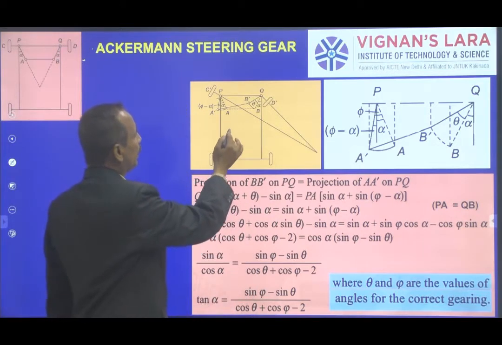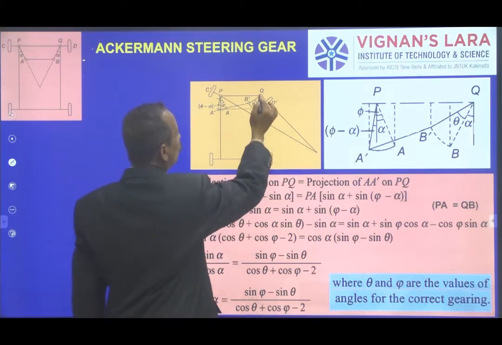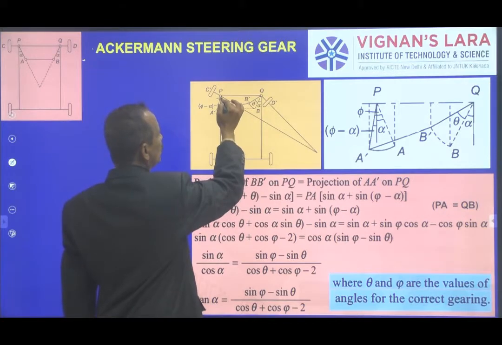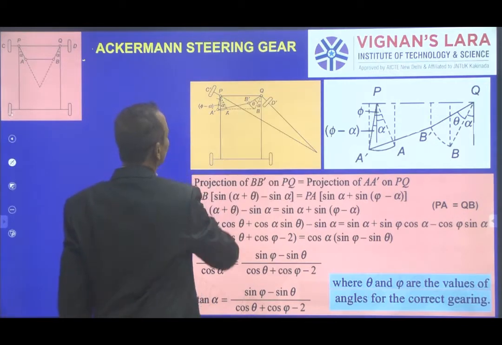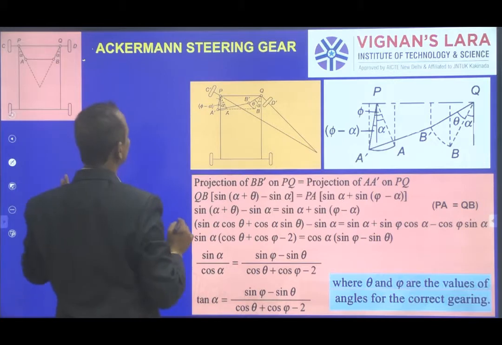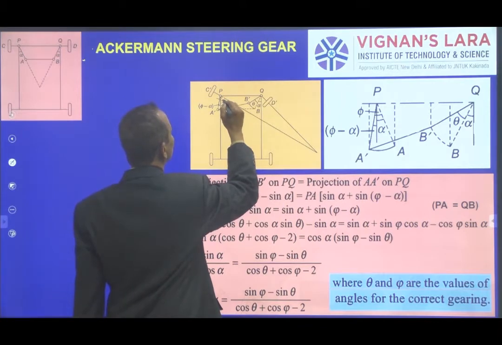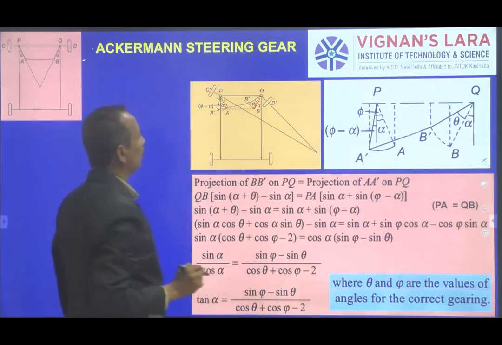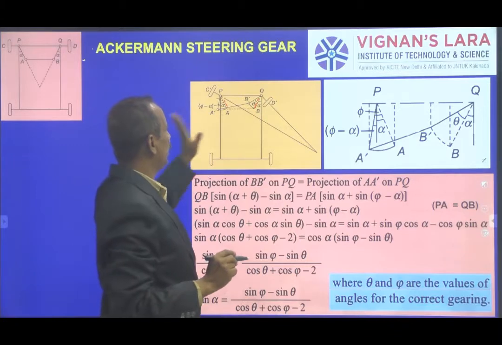The links QB and PA are originally indicated by dotted lines, PA and QB, shown with a red line, making an angle alpha initially.